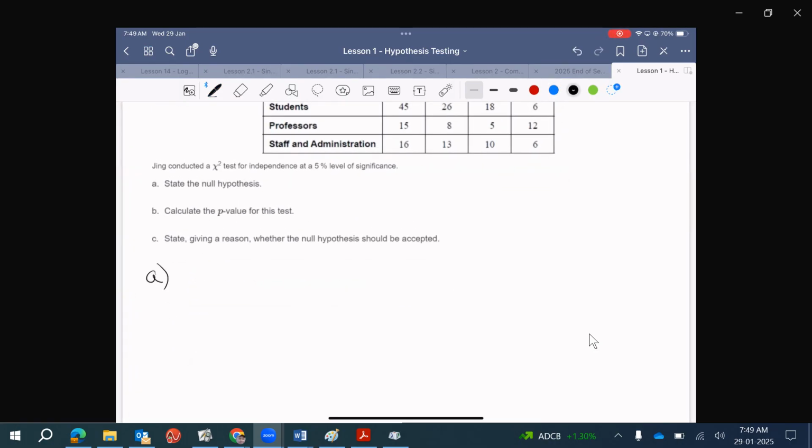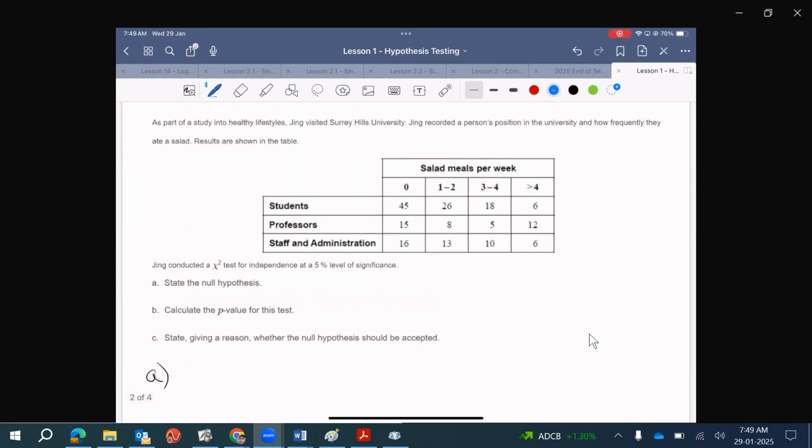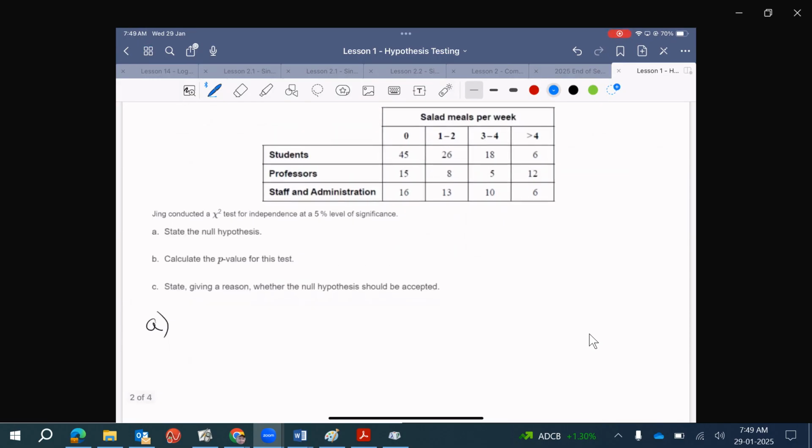So in A, we're looking at salad meals per week. Let me start again. This is the null hypothesis, so we should label it as such. And then we go for the number of salad meals per week.